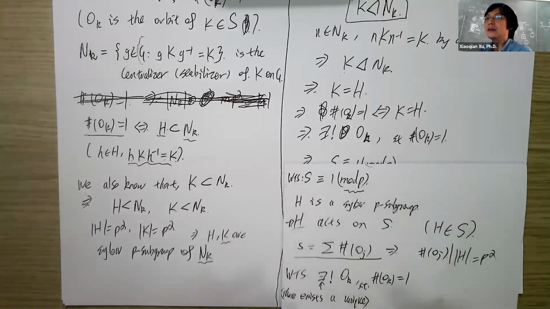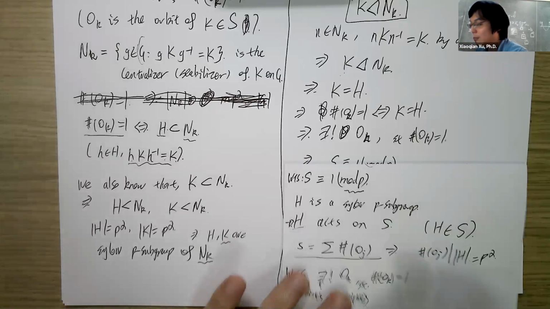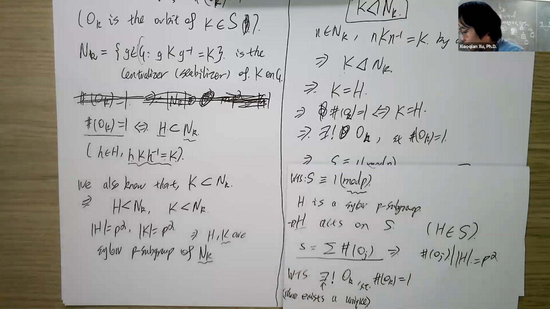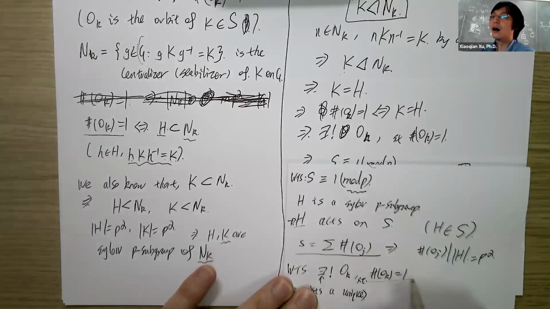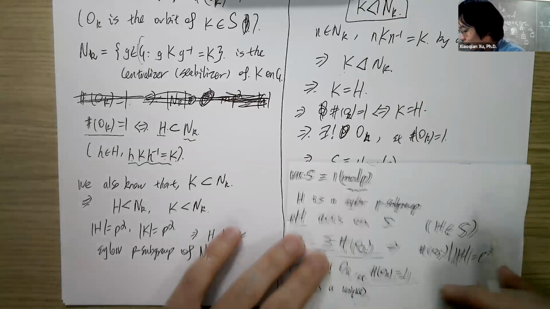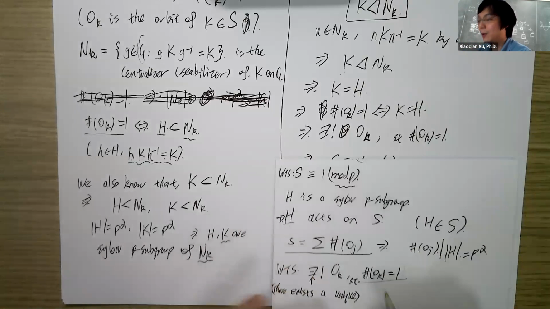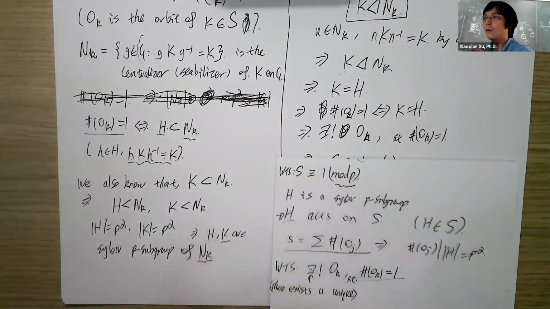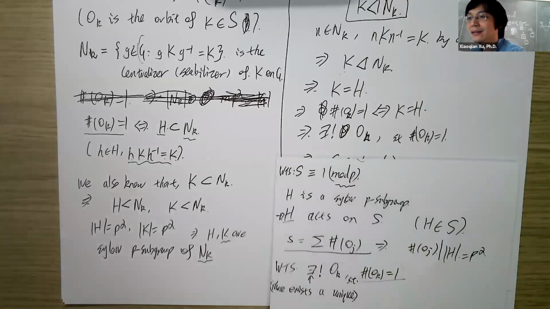Then each orbit has size p to the alpha. So if we want to say that eventually this number modulo p equals 1, we want there to exist only one orbit of size 1. Other than this orbit, all the other orbits are just p to some power. So then how could we find there is only one orbit? Well, you can imagine you use H acting on S. If you want to find the orbit of H under this action, you find the orbit only contains one element, right?